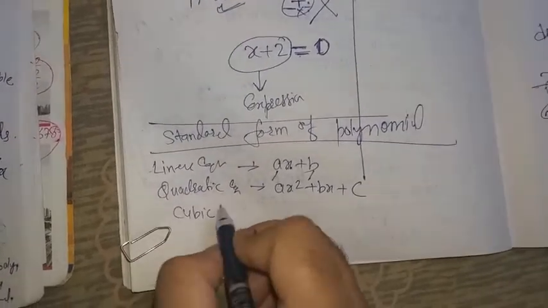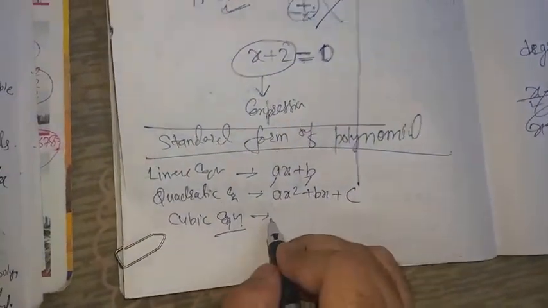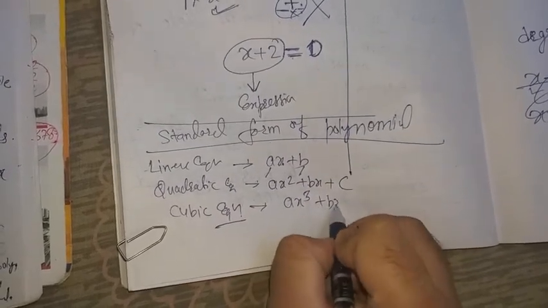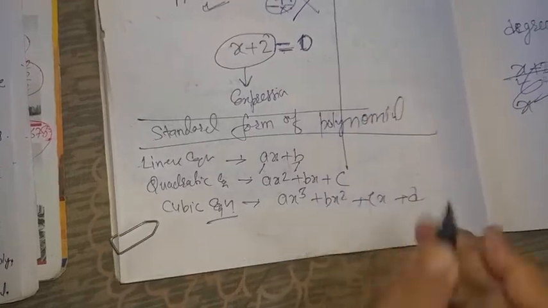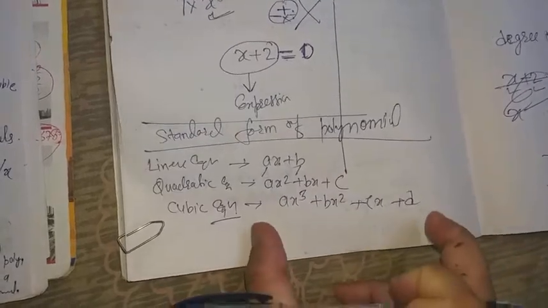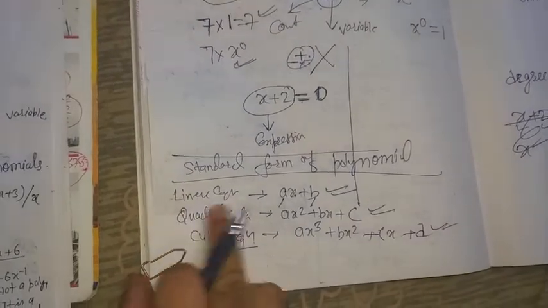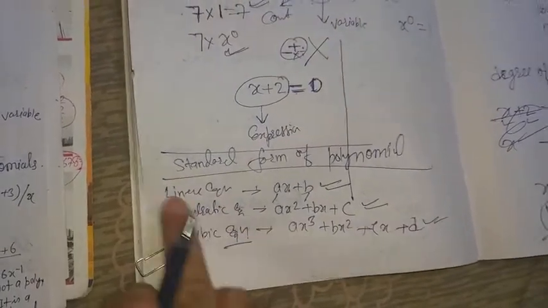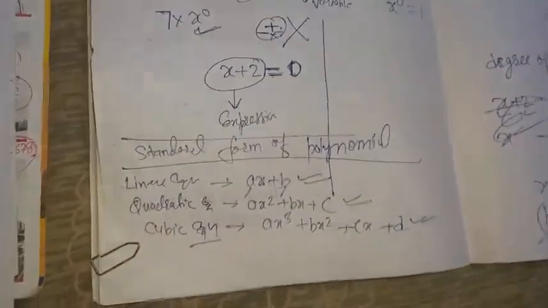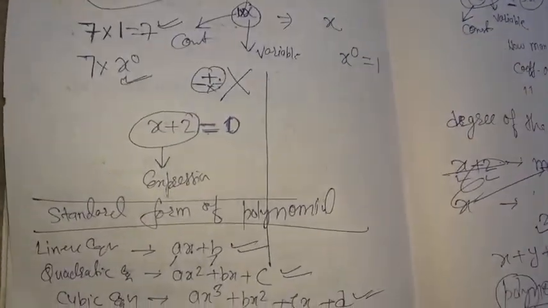And cubic equation means the highest power is 3, and its standard form is ax cube plus bx square plus cx plus d, where x is the variable, and a, b, c and d are constants. So these are the standard forms of linear, quadratic and cubic equations, or you can say linear polynomial, quadratic polynomial and cubic polynomial. On the basis of this discussion, we will do some questions.